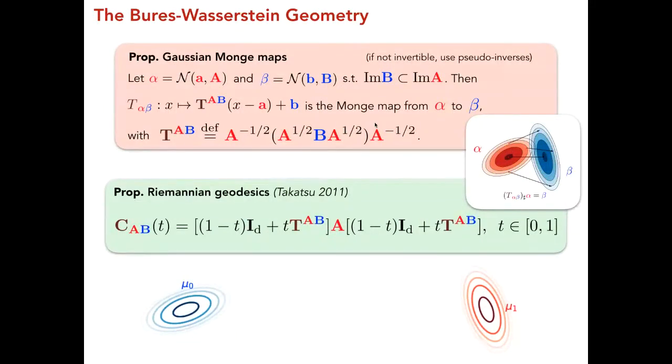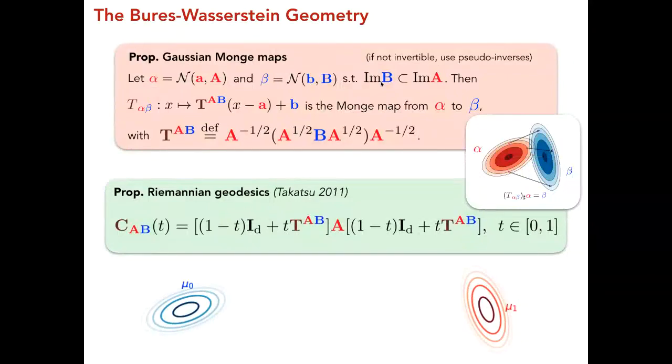Well, if either the image of B is included in the image of A, or the image of A is included in the image of B, then yes, because you can define the coupling with either the map from A to B or the map from B to A. But if none of those assumptions are satisfied, then there most probably is a closed form for the couplings, but I can't remember it right now.